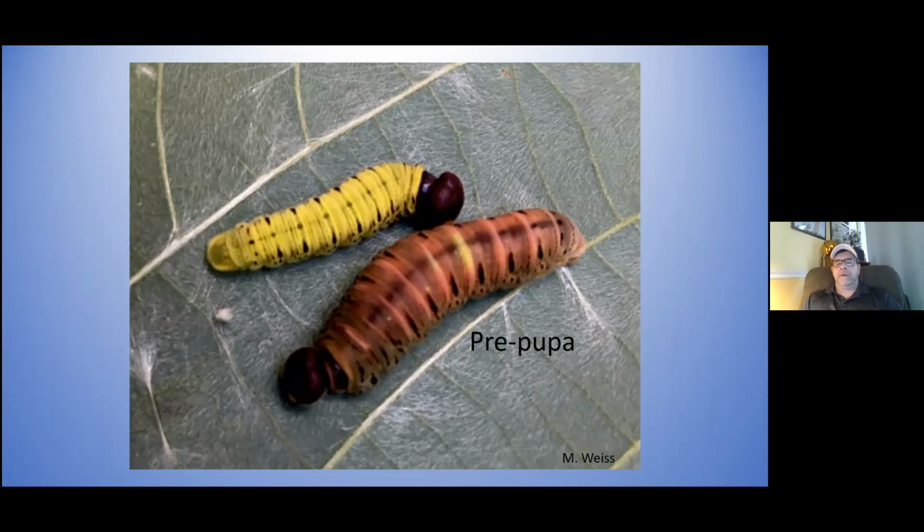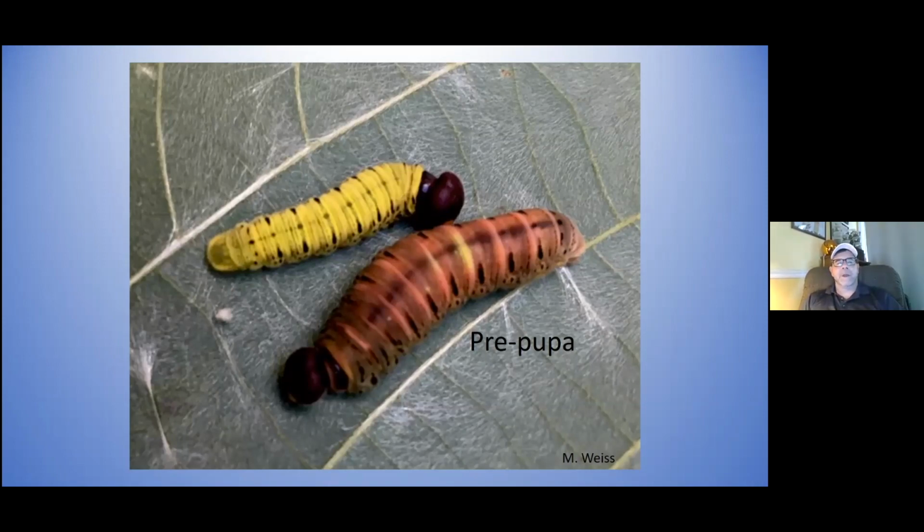We refer to these late instar caterpillars that have stopped feeding as pre-pupae. And the weird thing is they often change color, and very typically they change to some kind of pink. That's pretty typical for a lot of different species. Why they're pink, I don't really know, but it tells you that they're going on to the next stage.